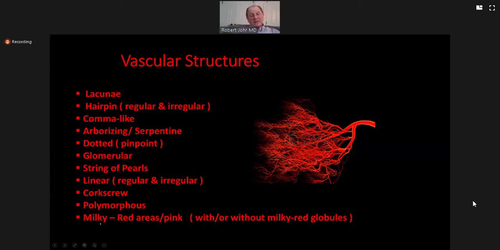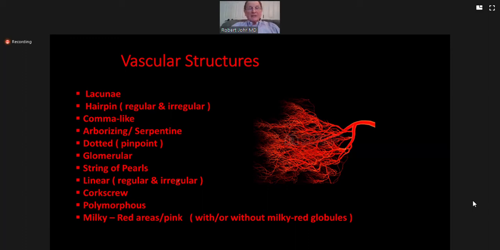And then you can see milky red areas or pink color with or without the milky red globules that I showed you before. So polarized dermoscopy is really a better way to see vessels in a lesion, and they give you clues to what's going on in their important structures to be able to understand or identify.